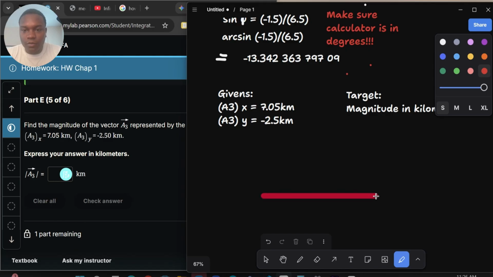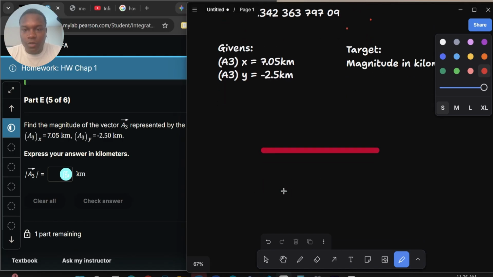You have 7.5, and you have negative 2.5.